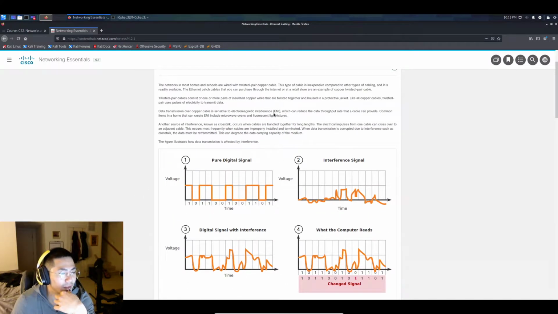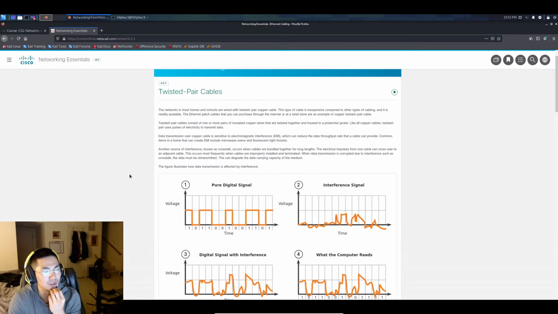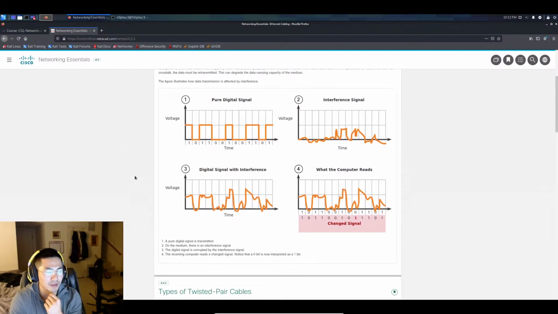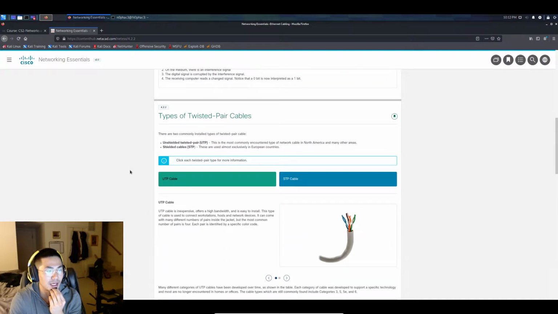It's just talking about EMIs, electrical magnetic interferences, and the reason why they're twisted together, and the reason why it has a protective jacket over it. You can read this over yourself. If you want to get into the nitty-gritty details, sure. But let's talk about the types of twisted pair.